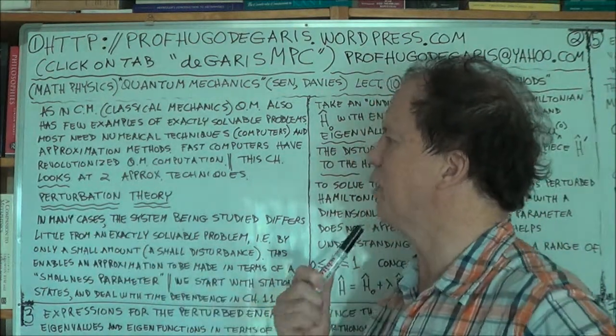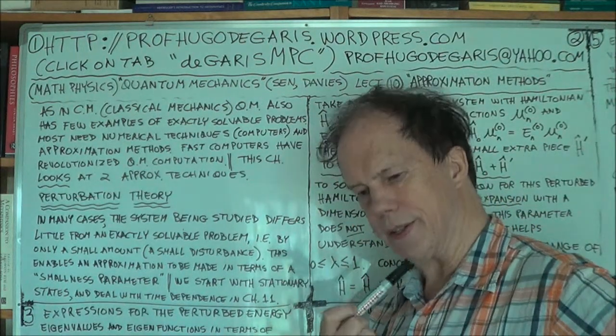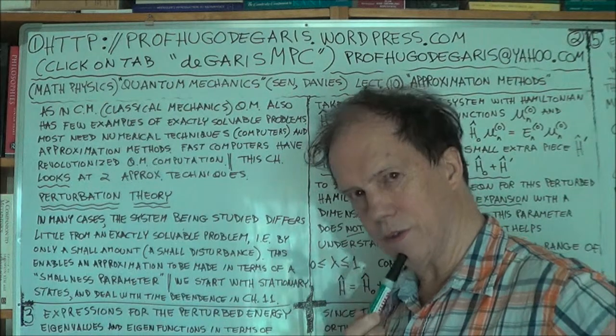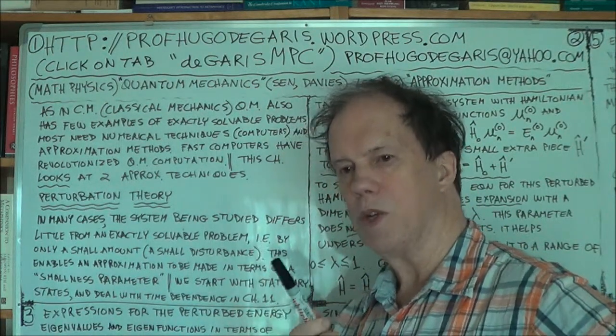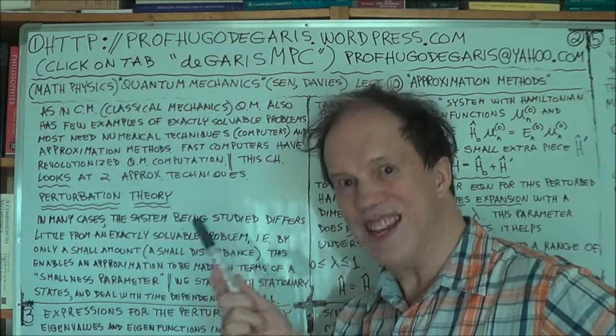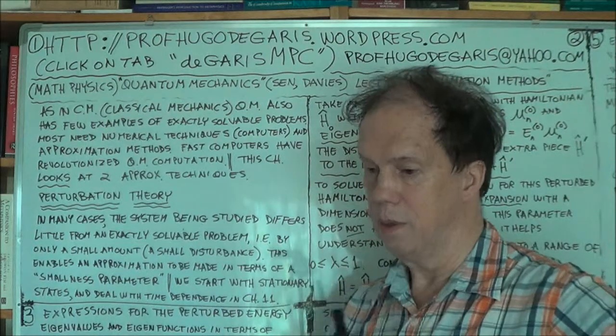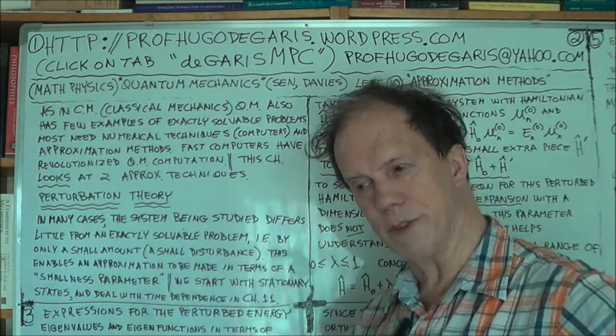So what's perturbation theory? Well, it's often the case that there are lots of problems which are very close to a problem that is fully solvable, with exact solutions, but with just slight differences.